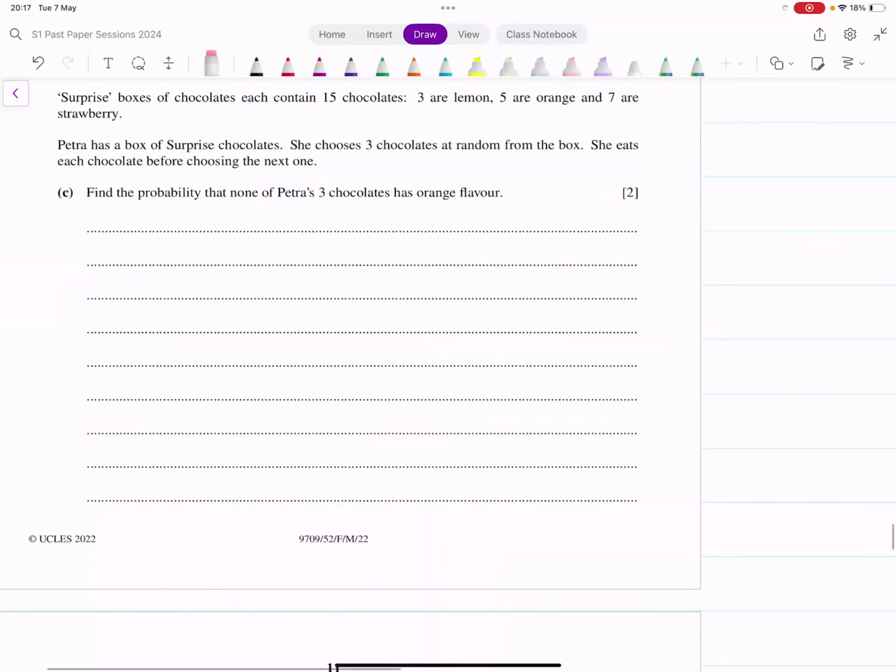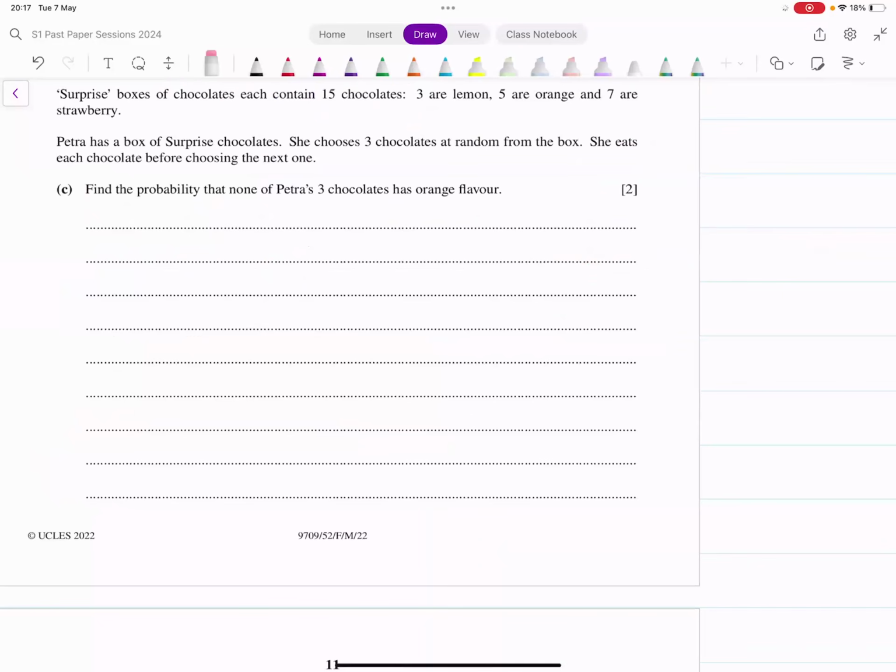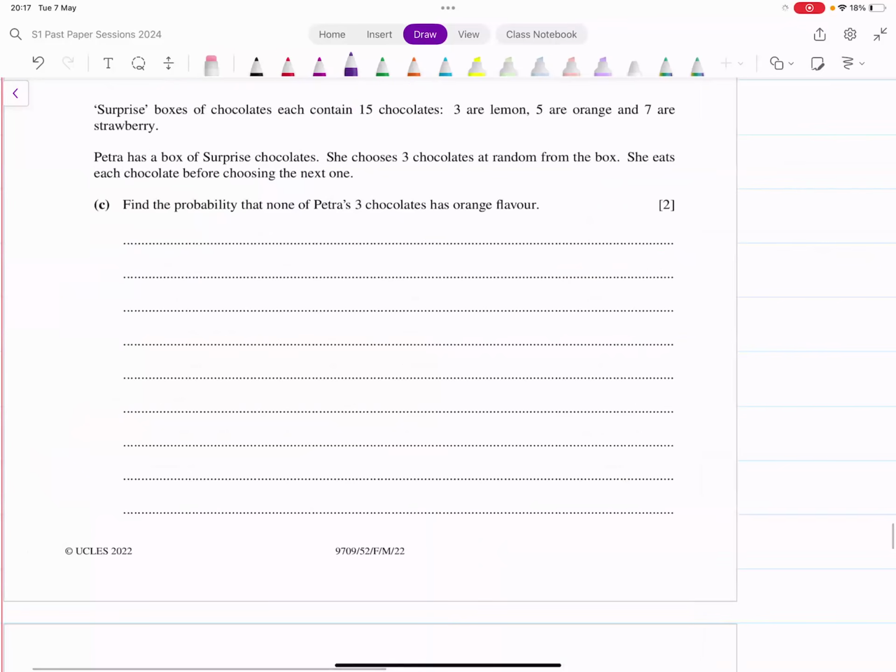But now it's not a factory that we're talking about anymore. We're talking about one box of chocolates. That's a limited number of chocolates. Now the probabilities are going to change. When you take out one chocolate, the probability for the next one would change based on that.